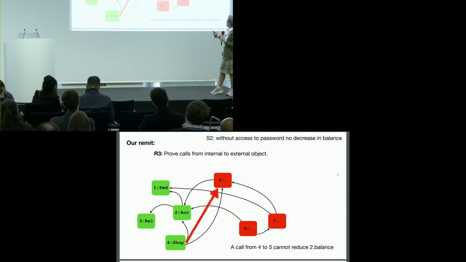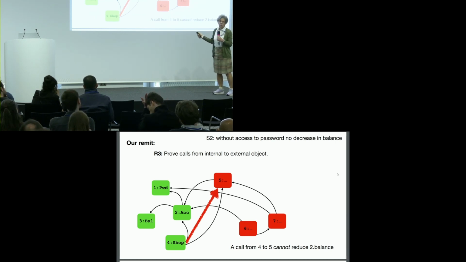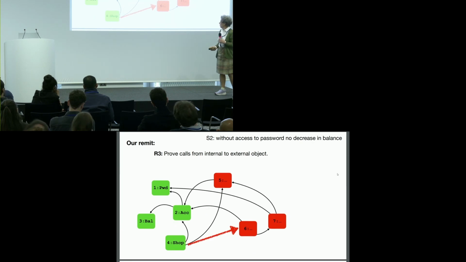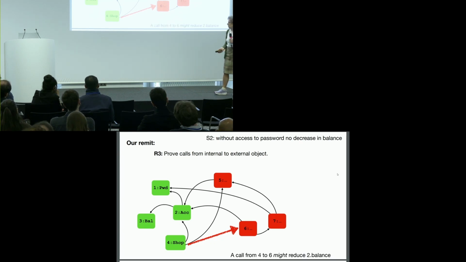And we have got the guarantee that without access to the password, we cannot decrease the balance. So if a shop calls into this unknown object, and if it knows that this unknown object does not have access to the password, then it can be sure that the balance is not going to be decreased. So it's a kind of safe call. On the other hand, if it calls into 6, which has got the eventual access, then such a guarantee is not given.